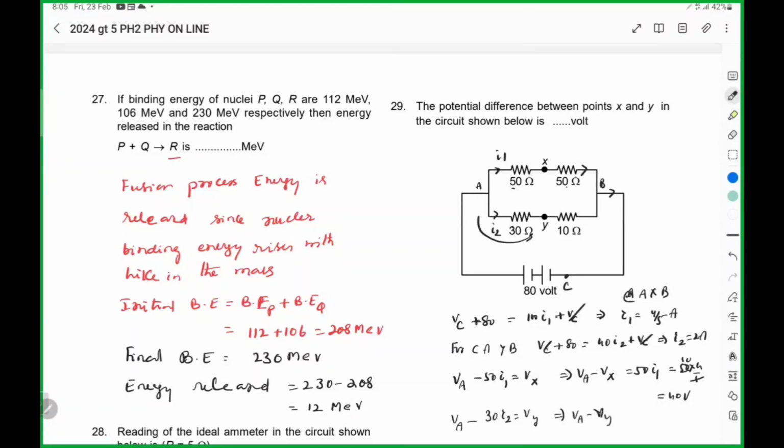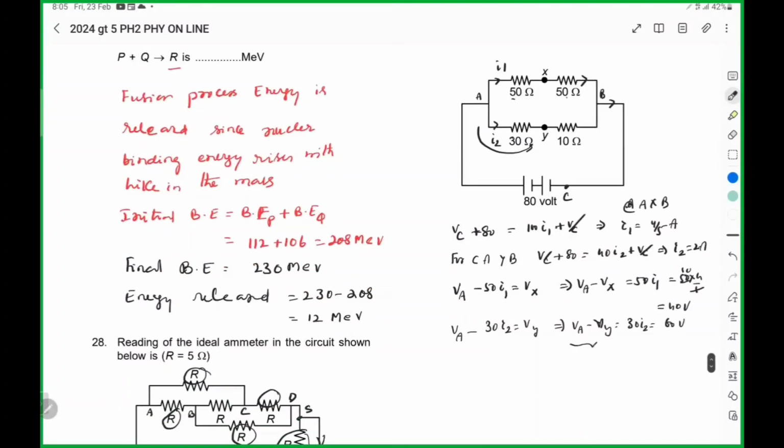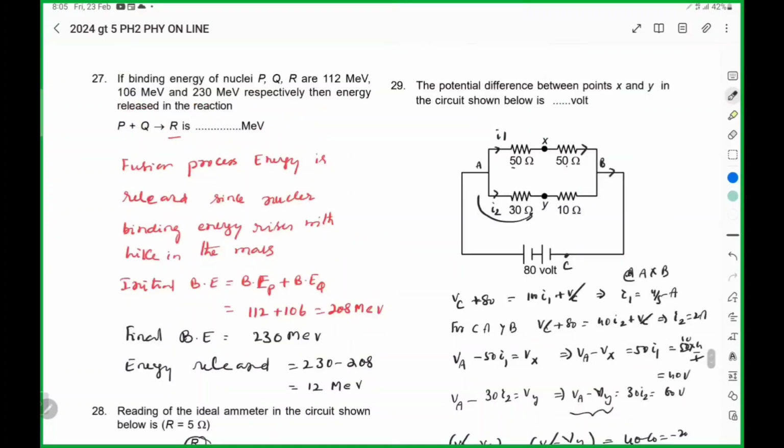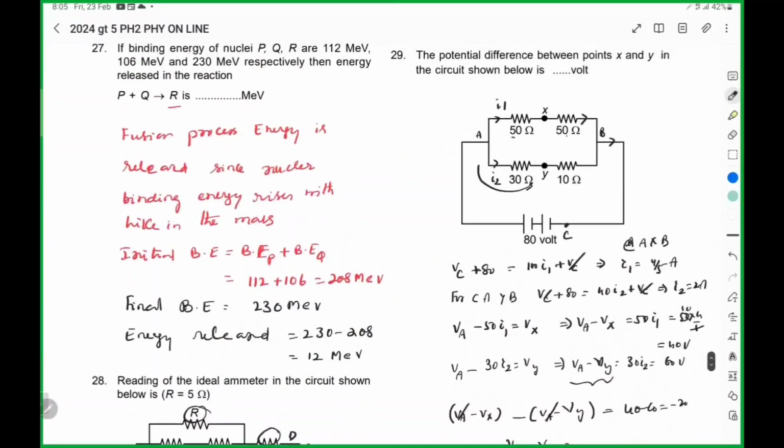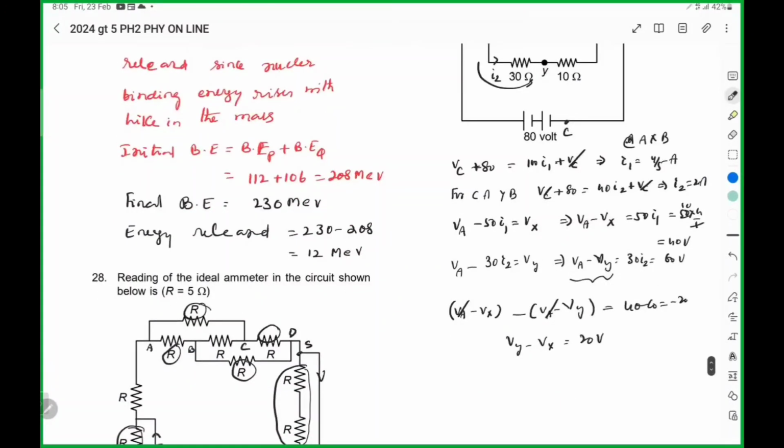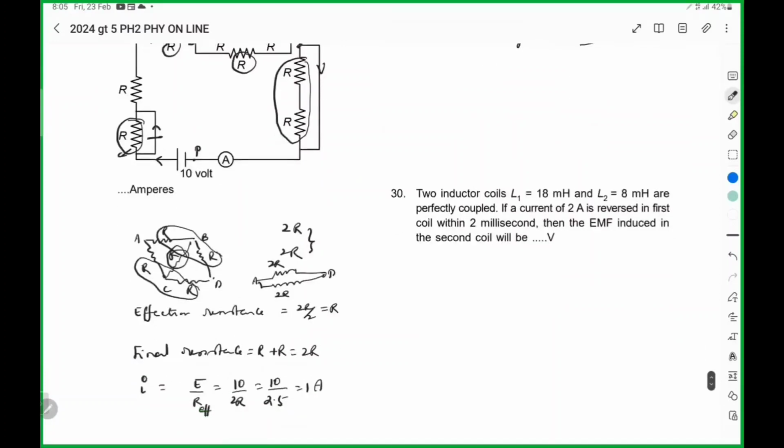So VA minus Vy will be 30 I2, that is 60 volts. So subtracting one from the other, VA minus Vx minus VA minus Vy is 40 minus 60, minus 20. That is the potential difference across those 2 points X and Y, which will be 20 volts.